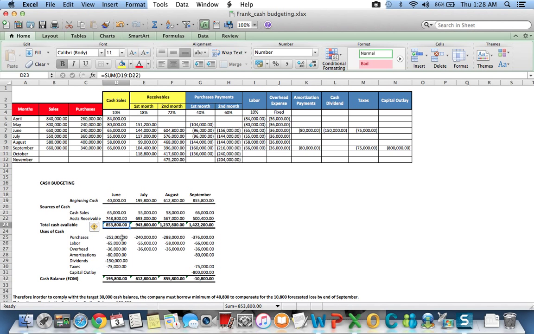The identified uses of cash are purchases, which is a total of 252,000, labor expense of 65,000, overhead expense with a fixed amount of 36,000, amortization payments of 80,000 pesos, dividends of 150,000 pesos, taxes of 75,000 pesos.